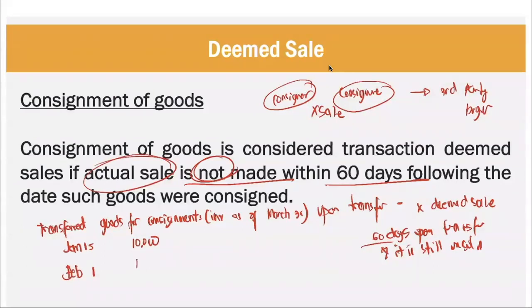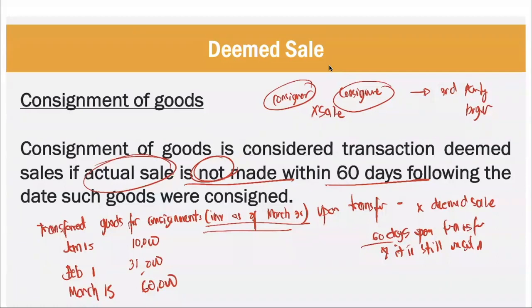February 1, 31,000. March 15, 60,000 pesos. So, transferred goods for consignment, inventory as of March 31. Ibig sabihin, itong January 15 na transfer, as of March 31, hindi pa nabebenta. February 1, hindi pa nabebenta. March 15, hindi pa nabebenta.